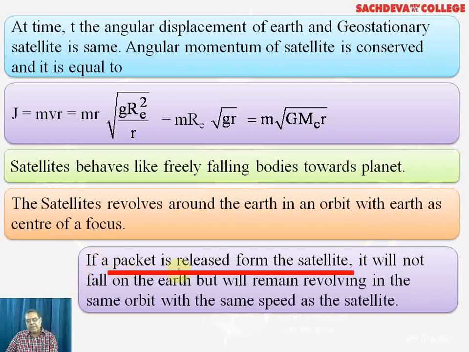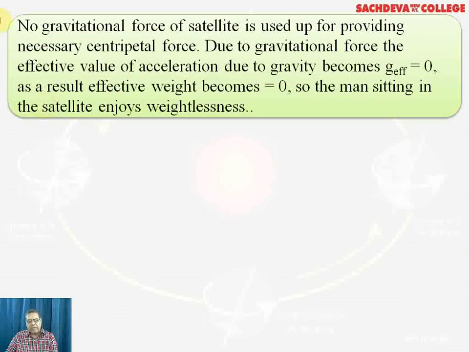Now, if a packet is released from the satellite, it will not fall on the Earth, but it will remain revolving in the same orbit with the same speed as the satellite. And that packet, which is released from the satellite, will behave like an artificial satellite.